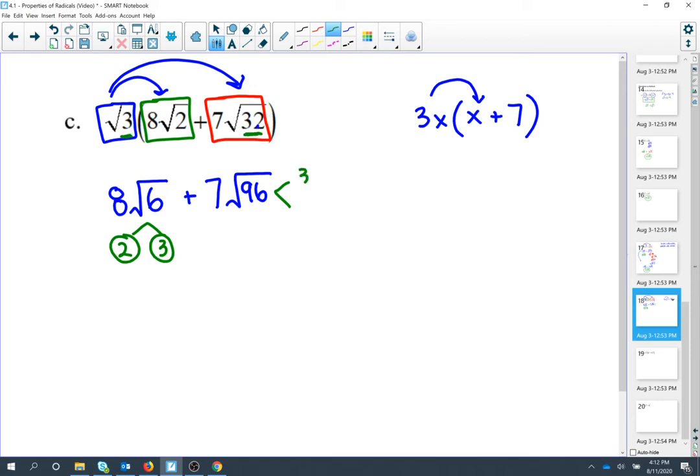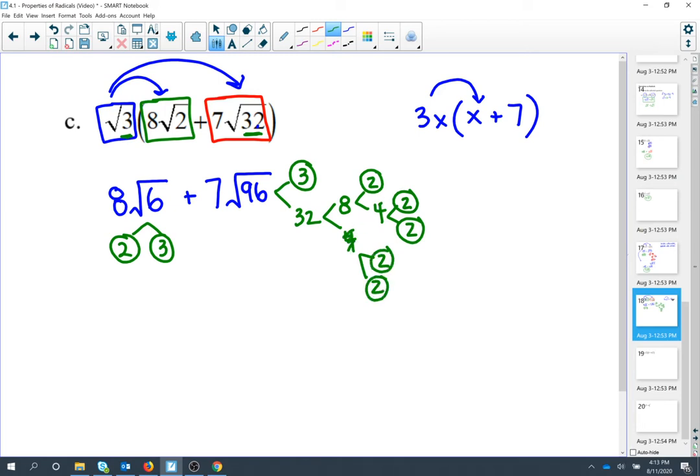So I'm going to go with 3 and 32. 32 is 8 times 4. 8 is 2 times 4. 4 is 2 times 2. And 4 is 2 times 2. And then I can't use the 4, I can't use the 4, I can't use the 8, I can't use the 32. So I'm looking for groups of 2.